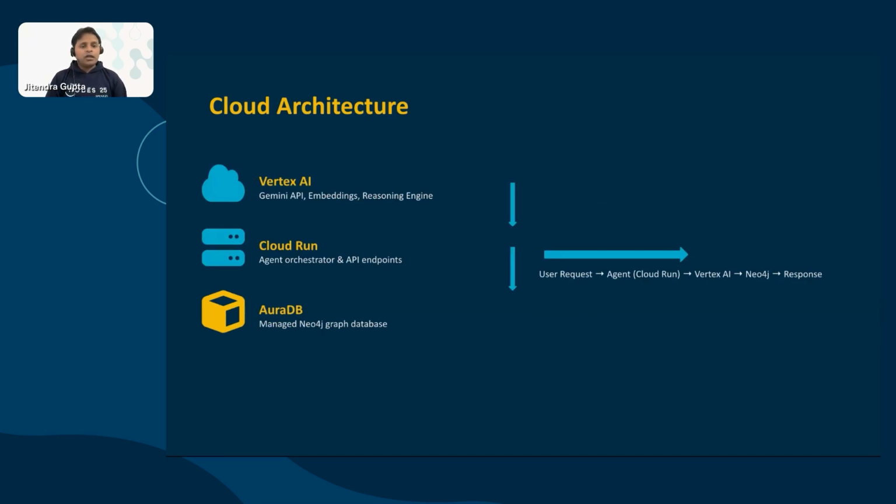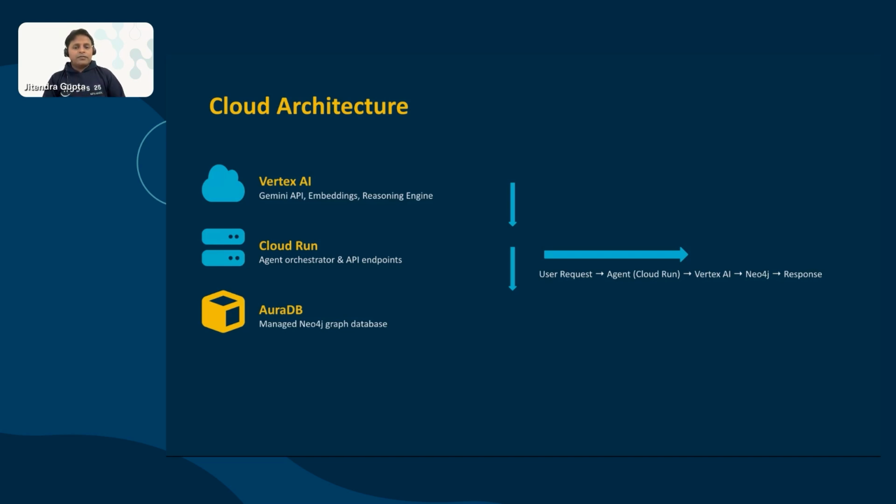Now jumping to the cloud architecture here, so far we discussed the pattern or the integration between the graph and the Gemini models. Now let's take it further to the cloud architecture. On the cloud, at a very high level, there are going to be services like Vertex AI, Cloud Run, and AuraDB.